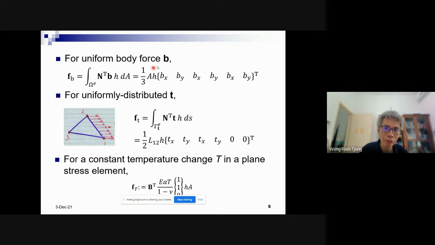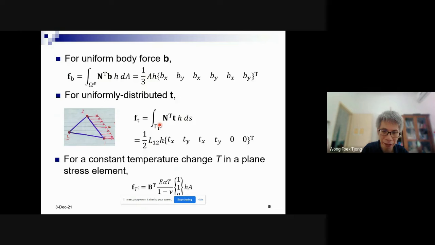For the commonly found problem where the body force is uniform, we can just prove that it is divided by 3, and for surface traction, divided by 2. It means distributed equally at node 1 and node 2.